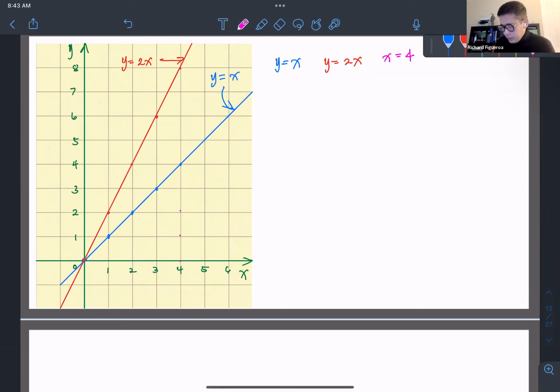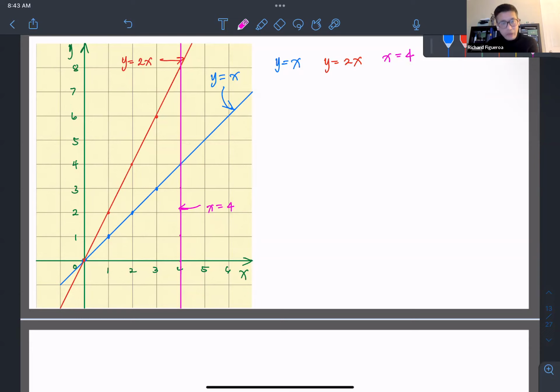When y is 2, x is 4, and so on. Actually, x equals to 4 is a vertical line. So that's the graph of this. When y is equal to a constant, that is horizontal. It's vertical when x is equals to 4. Okay? So that's how we graph.